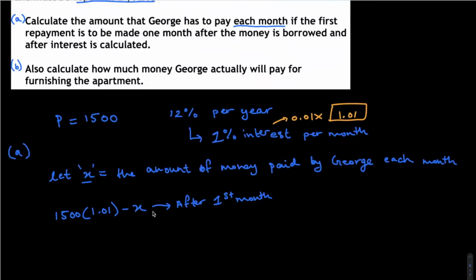Now, second month arrives. So what's going to happen is that this much money is going to be remaining after the first month. So this entire value, right, 1500 times 1.01 minus x will be compounded, or will be multiplied by the interest rate again for the next month. And then another minus x will come in because after the next month has arrived, George will pay off his debt again, right? So what I'm going to do here, I'm going to color code this very carefully, okay?